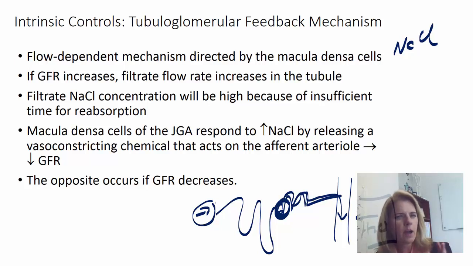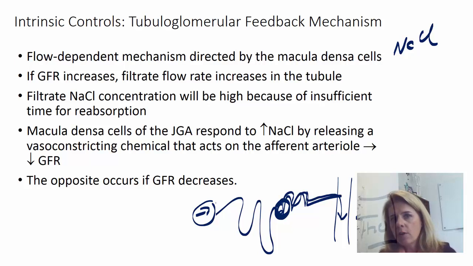So this is a pretty complicated process, and I'm going to show you an overall picture here in just a minute. I kind of got ahead of myself. So what is the tubuloglomerular feedback? It's the macula densa cells measuring the flow rate and the sodium chloride concentration in the filtrate.